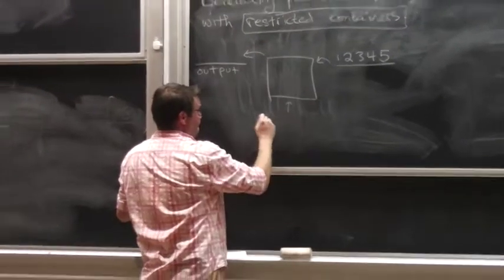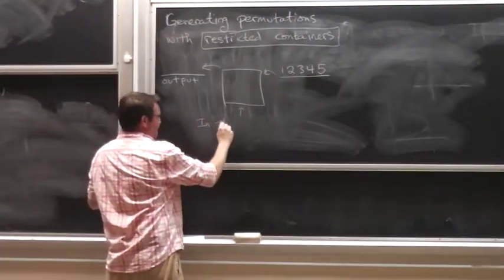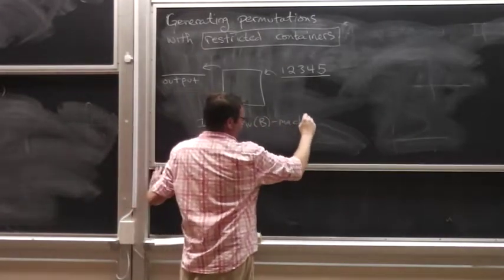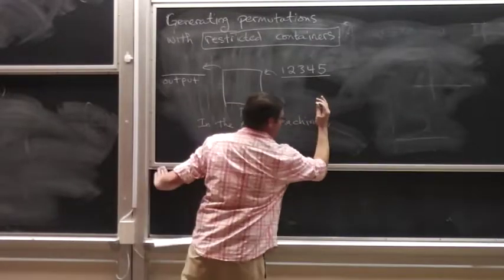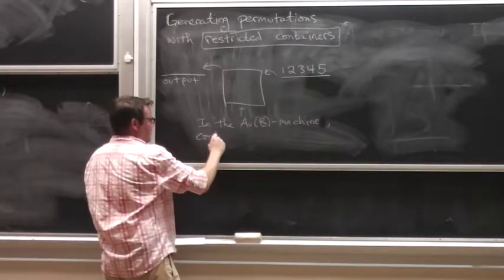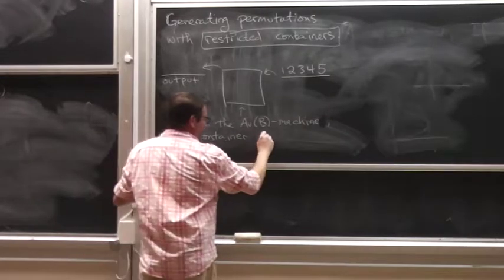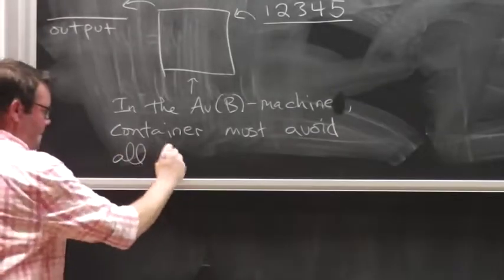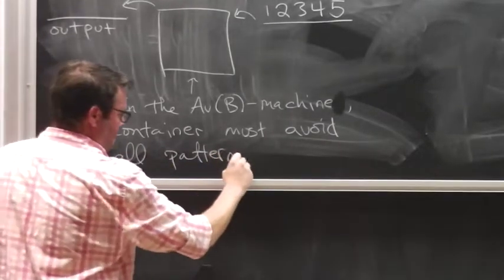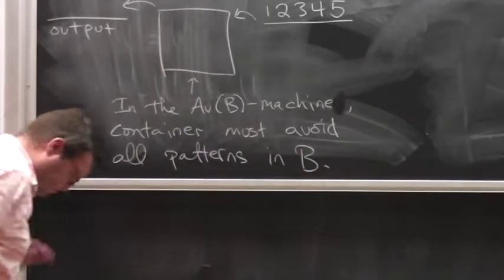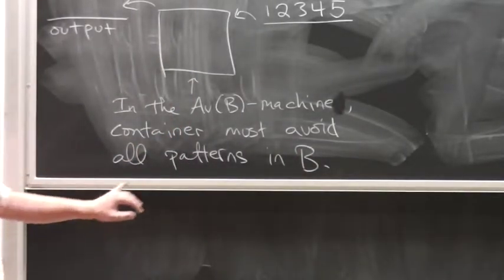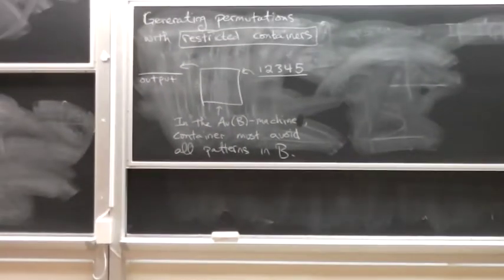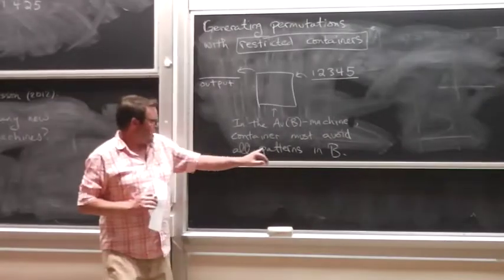In the Av(B) machine, for every set B of patterns, so these are things we might avoid, like 321 or 312, we're going to have an Av(B) machine.